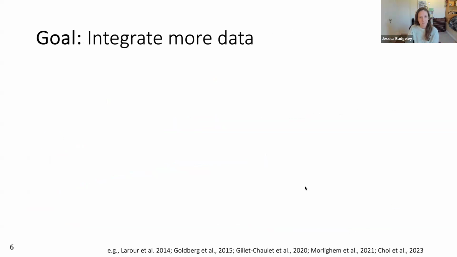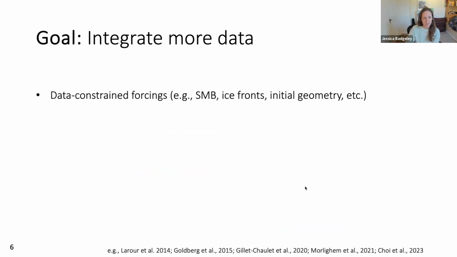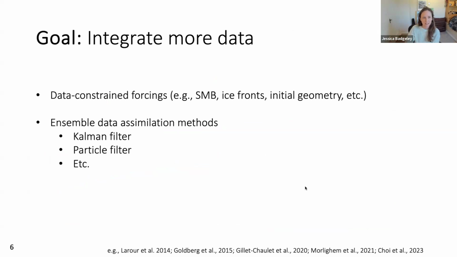And so one of the big goals is to integrate more data into these ice sheet model initializations. One thing that we've already done is use data constrained forcings and geometry to get as good of a model setup as we can.